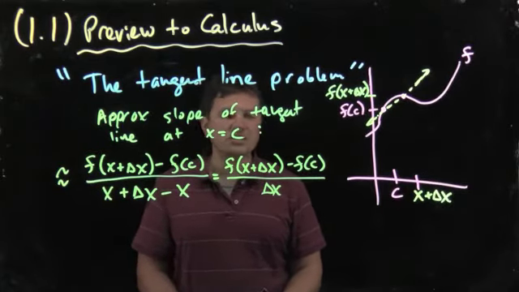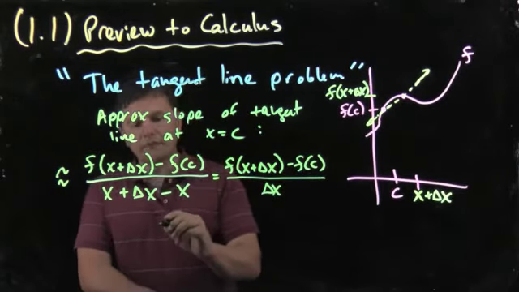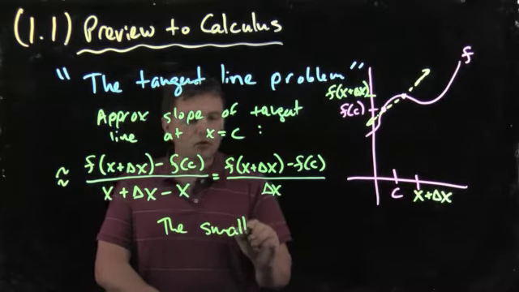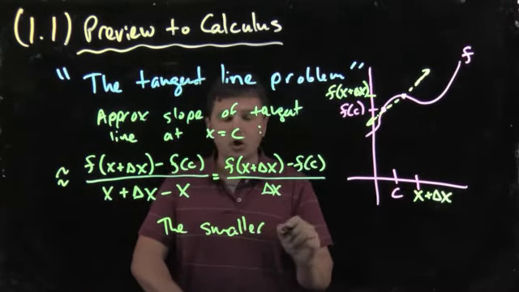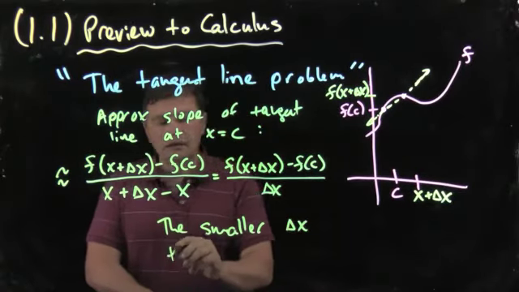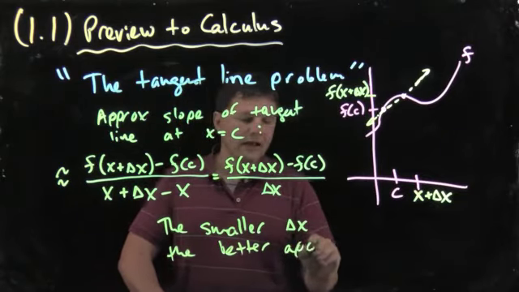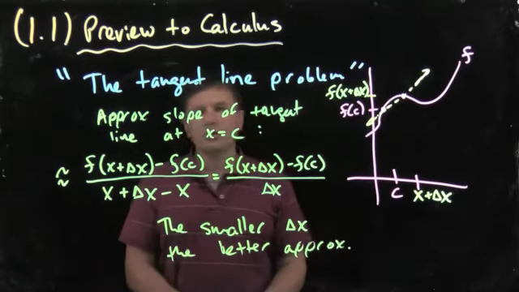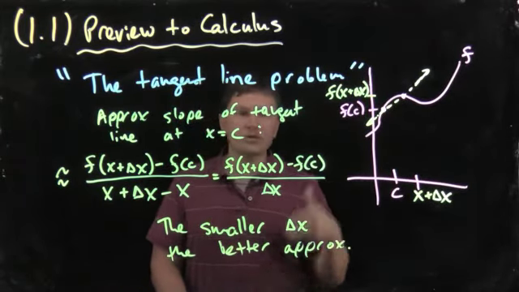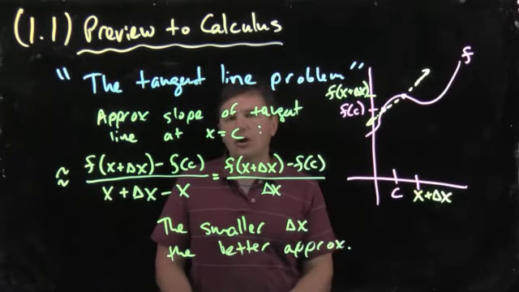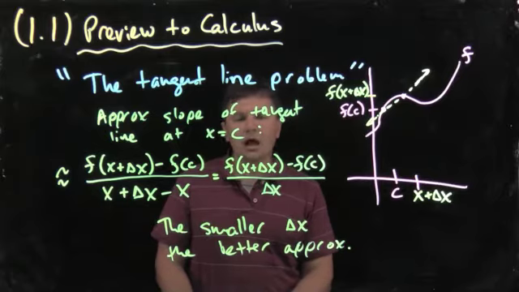And the thing we want to understand about this is the smaller we choose delta x to be, the better the approximation. If you remember from my example before, we started with a delta x of 0.5, and then we went to 0.1, and then 0.01, et cetera, and our approximation got better and better.